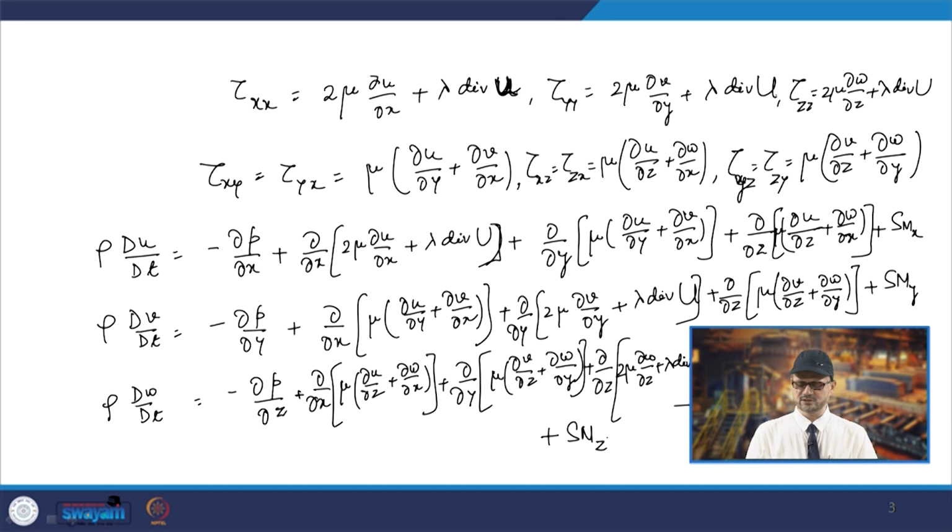So, these are the three equations which are the Navier-Stokes equations, because you have expressed these viscous stress terms in the form of strain rate terms.